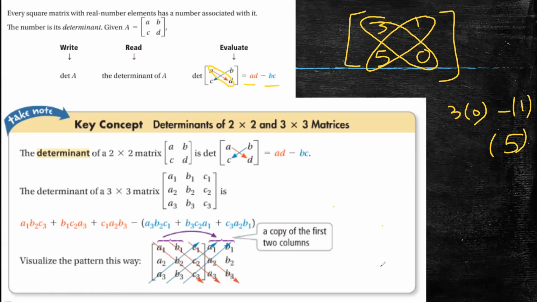A times D minus B times C. This is for the 2 by 2 square matrix.